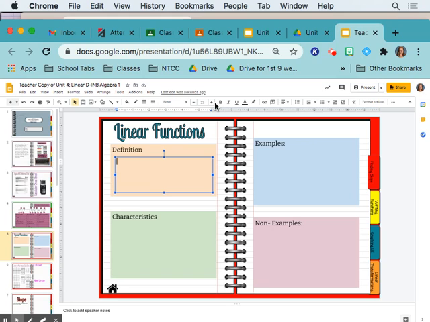X's don't repeat, and it passes the vertical line test. So in order to be a linear function, it has to be a function. And I'm going to put in parentheses, x values don't repeat. Zoom in a little bit more.